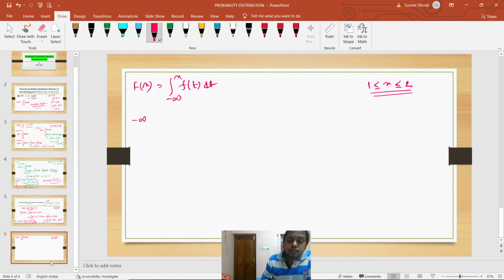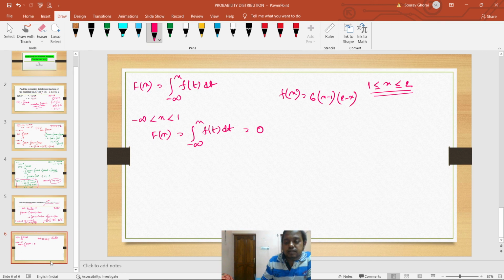When x is less than 1, F of x is the integral from minus infinity to x of f of t dt, and it will be 0 because the function is not defined there, since the probability density function 6 into x minus 1 into 2 minus x is defined over 1 less than or equal to x less than or equal to 2.